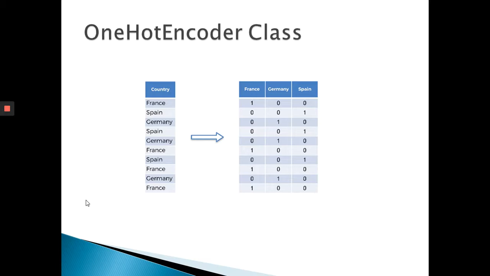Wherever the row has the value France, it will put 1 in the France dummy column, and in the rest of the dummy columns it will put 0. Similarly, wherever we have the value Spain in the actual column, it will put 1 in the Spain dummy column, so that there is no ordering of the values 0, 1, or 2. This can be done through the one hot encoder class.